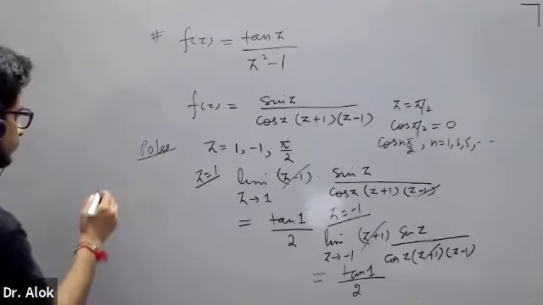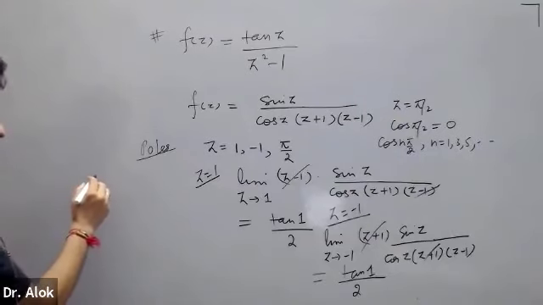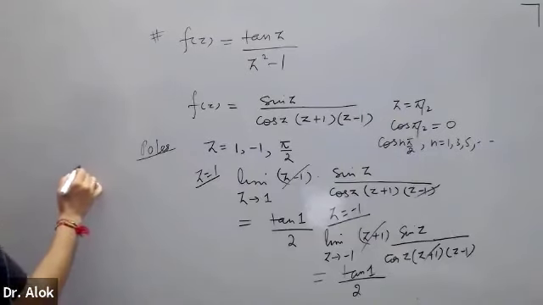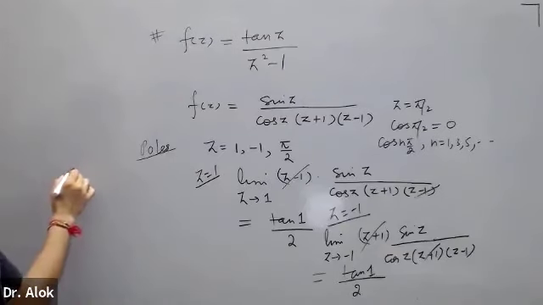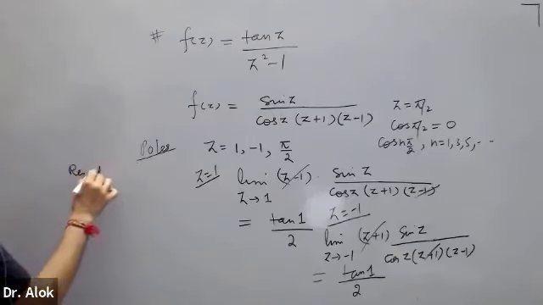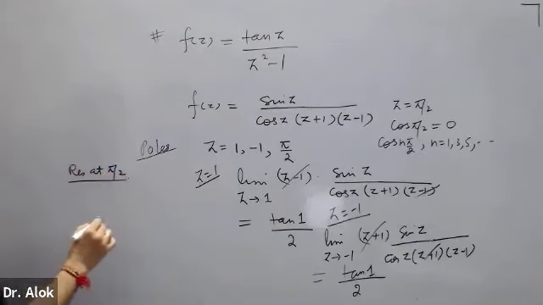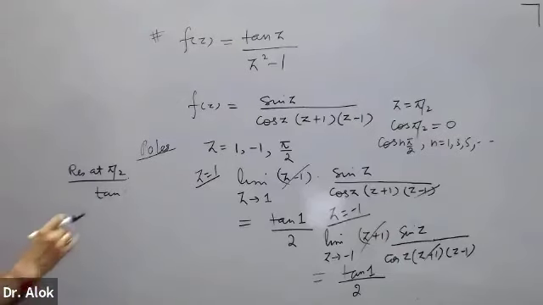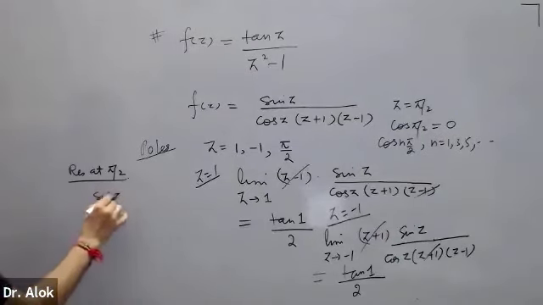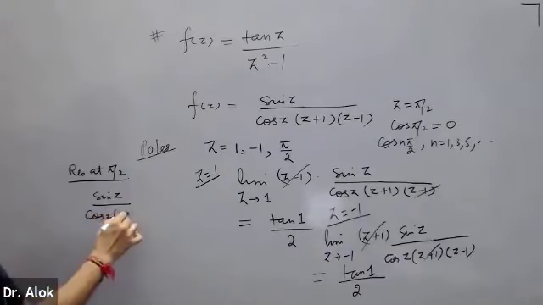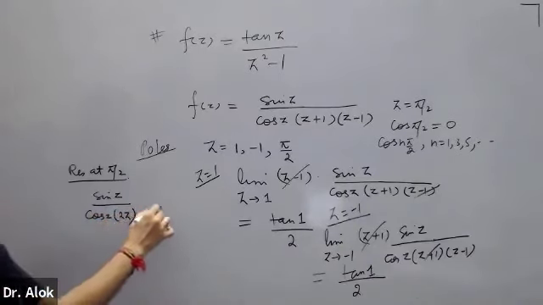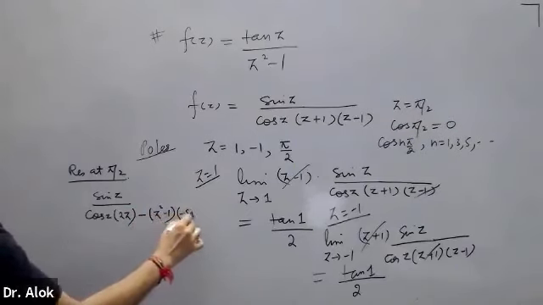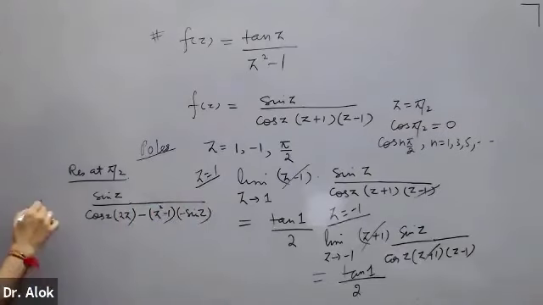So for the third one, f(z) is equal to this, so residue at pi by 2 will be phi(z), that is sin z, over psi dash(z), that is cos z times 2z minus z square minus 1 minus sin z, and limit z tending towards pi by 2.